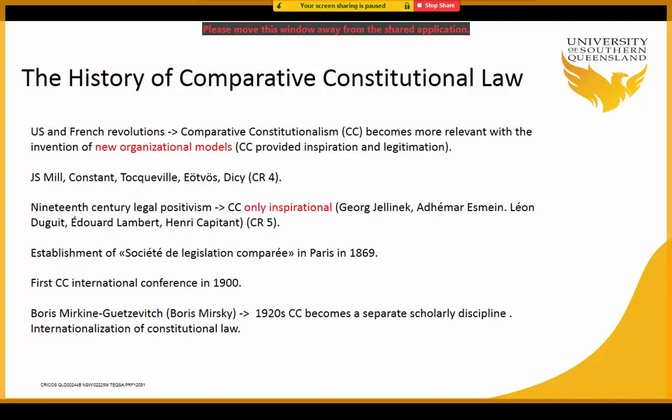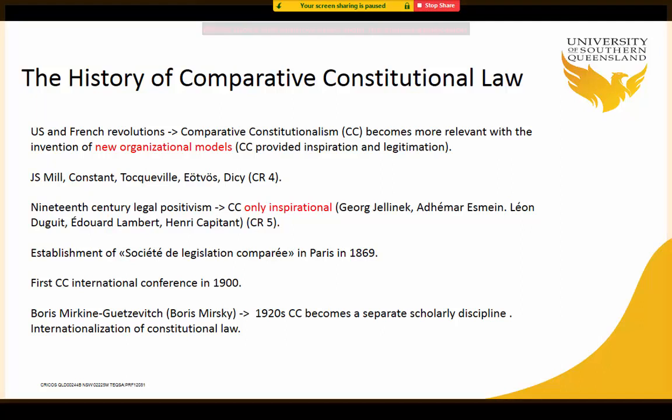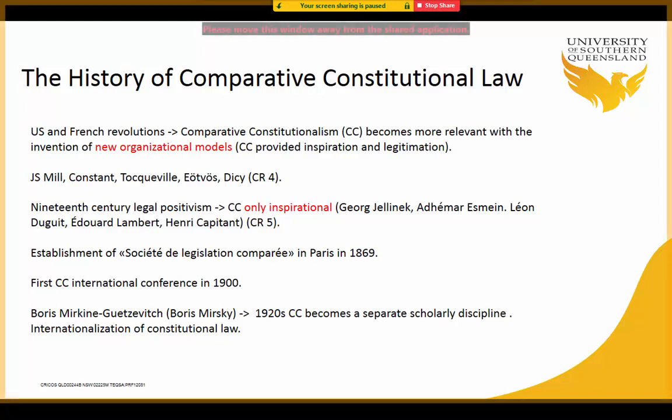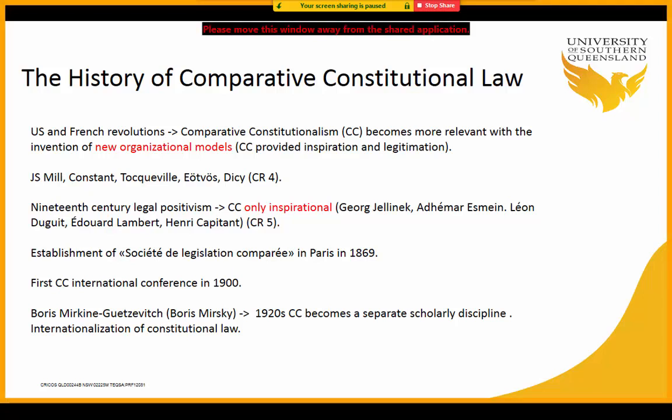So there was this idea of an inspiration or a legitimation of your choices. That's of course also what happened in Australia in the 1890s during the constitutional conferences, where we ended up having comparisons, especially with Canada, the US, and Switzerland.